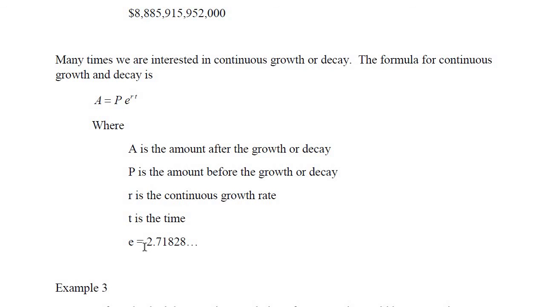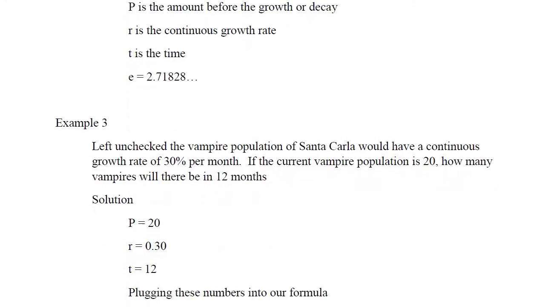And e is something called Euler's constant. It's a number like pi. It goes on forever and ever, and there's no repeating sequence to it. It's 2.71828. So let's take a look at an example of this.